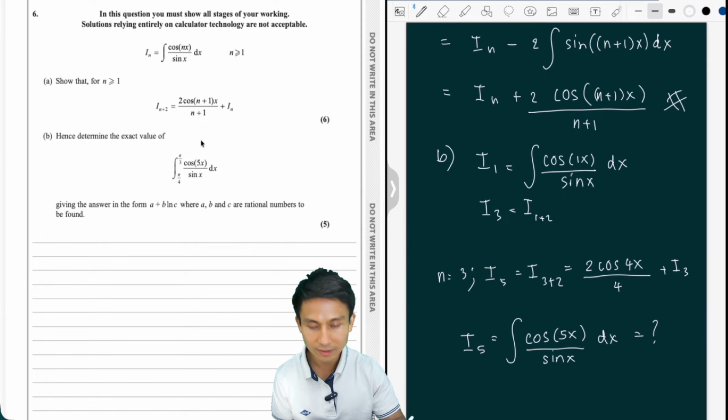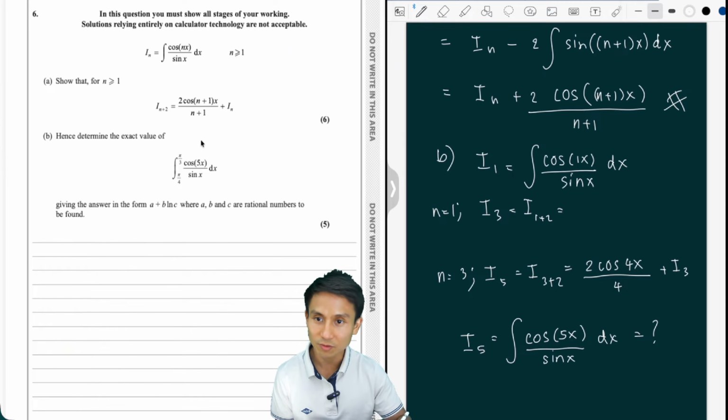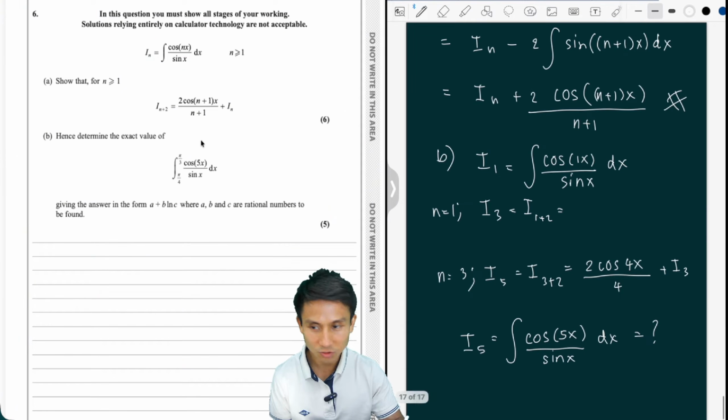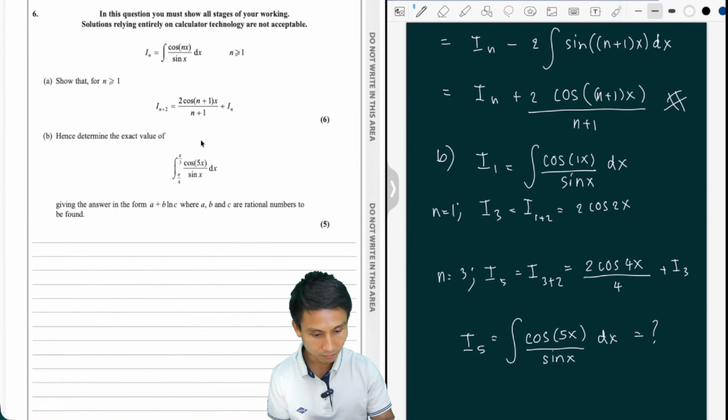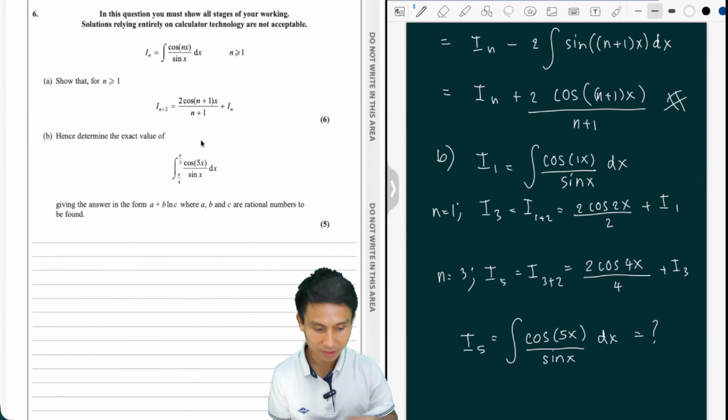It is just substituting n as 1 here to get 3 there using the formula. So this is 2 cos what? n is 1, so this is cos 2x divided by 2, plus I1.